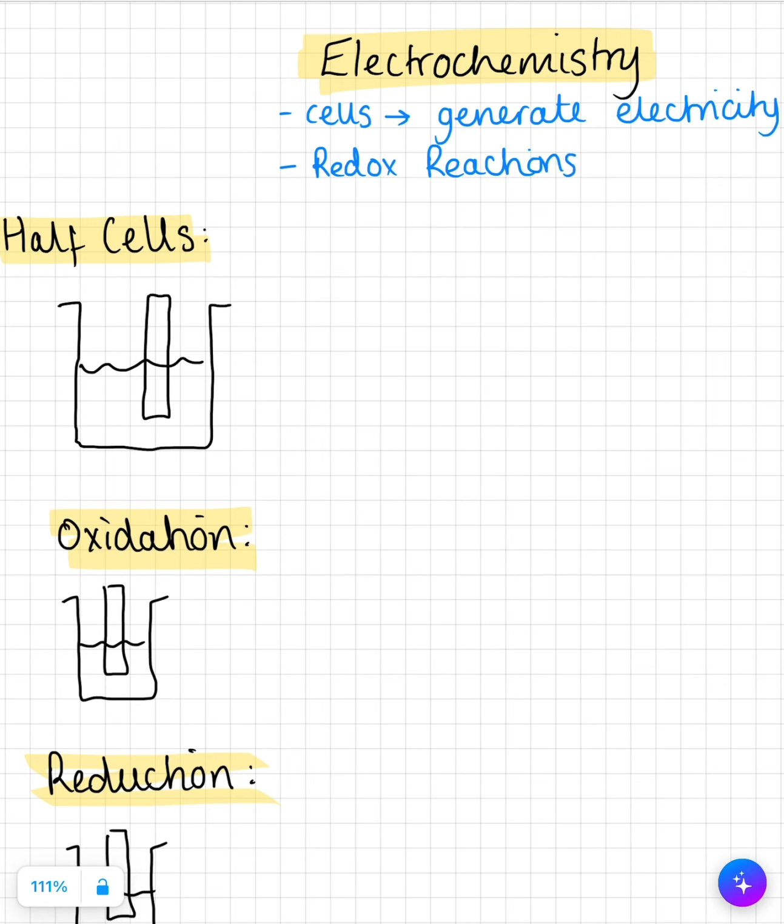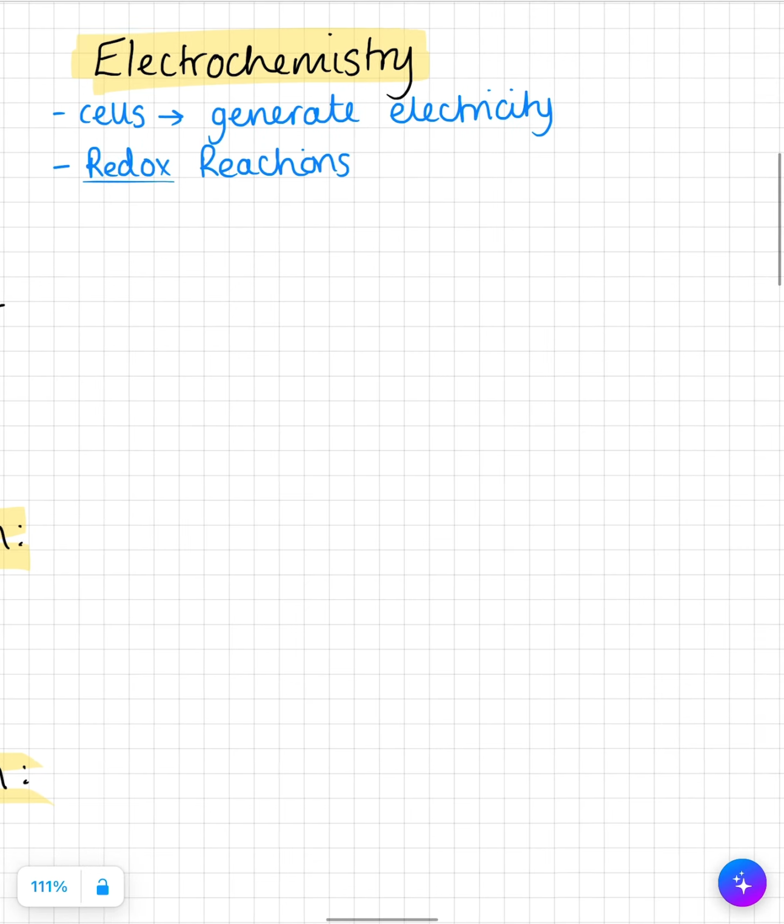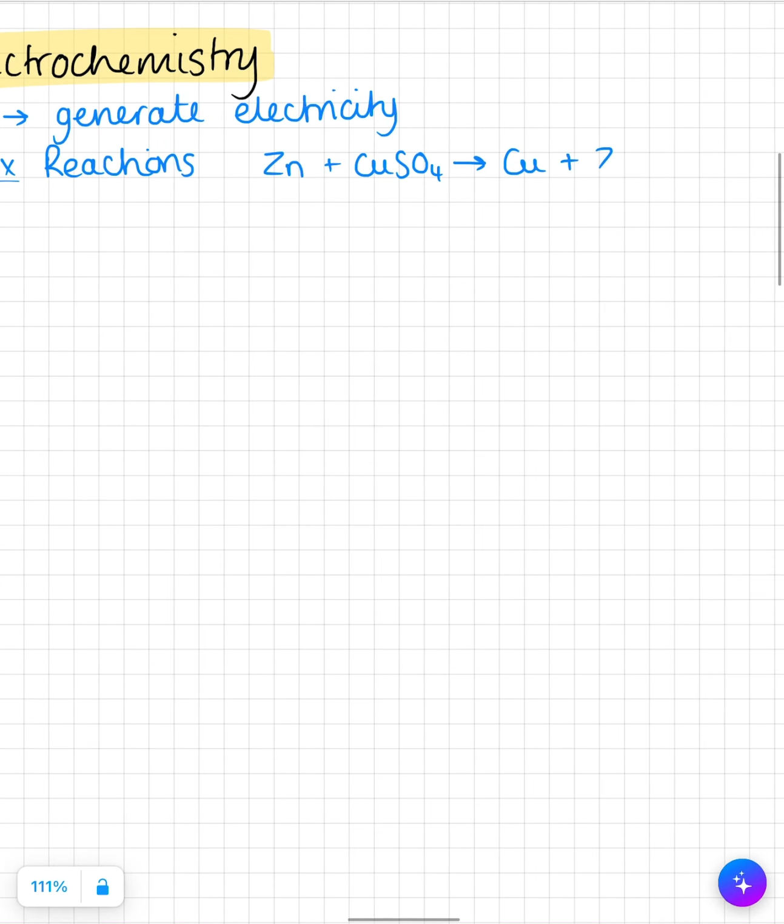A redox reaction is where we have both reduction and oxidation occurring. For example, the reaction between zinc and copper sulfate, which is our displacement reaction to get copper and zinc sulfate.